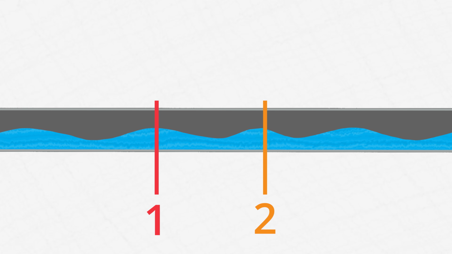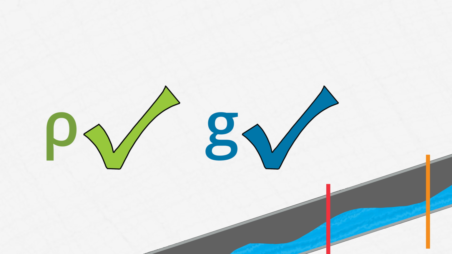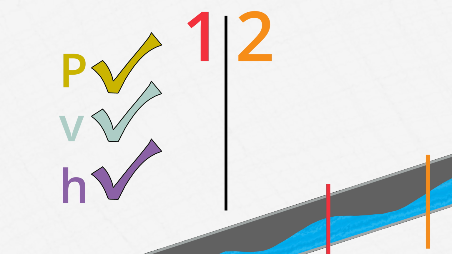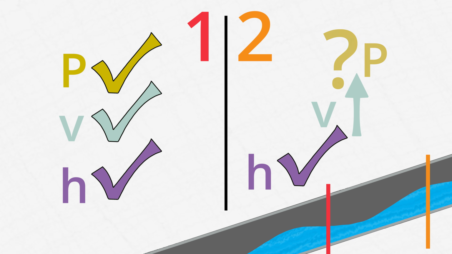Say you're looking at 2 points along a pipe that's angled. This pipe has water flowing through it, and we know the density of water and the gravity here on Earth. At point 1, we know the pressure, velocity, and elevation of the water. At point 2, we know the elevation of the water, and we know that its velocity is higher, but we don't know its pressure.